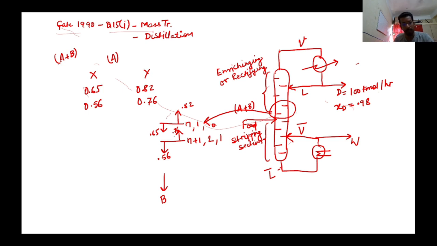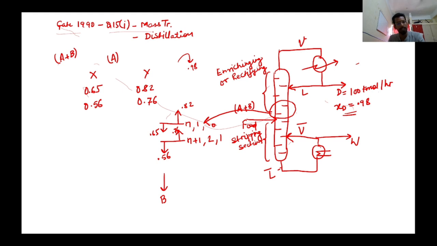Similarly, here in the vapor phase, the first composition is 0.76, then 0.82, then at the end what we will get? 0.98, right? This composition we will get, because the composition of A in the gas phase will increase automatically because it is our desired, more volatile product. It is the more volatile product.